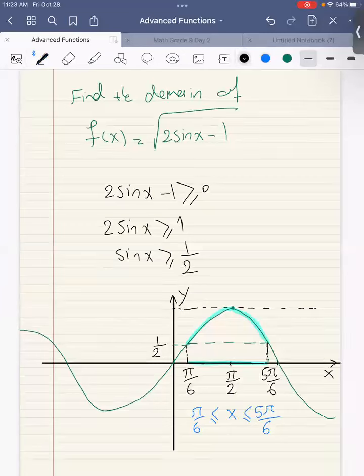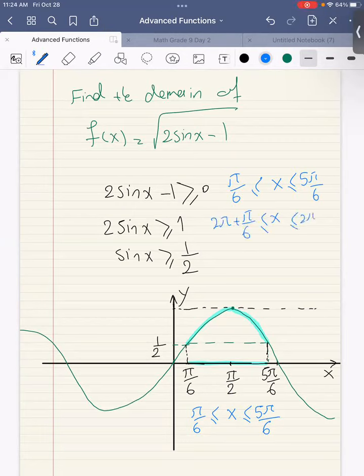So simply, first of all, you can have x between pi/6 and 5 pi/6. But you could also have x between 2 pi plus pi/6 and 2 pi plus 5 pi/6. And so on, you can add 4 pi. And in general, you can have x between 2k pi plus pi/6 and 2k pi plus 5 pi/6.